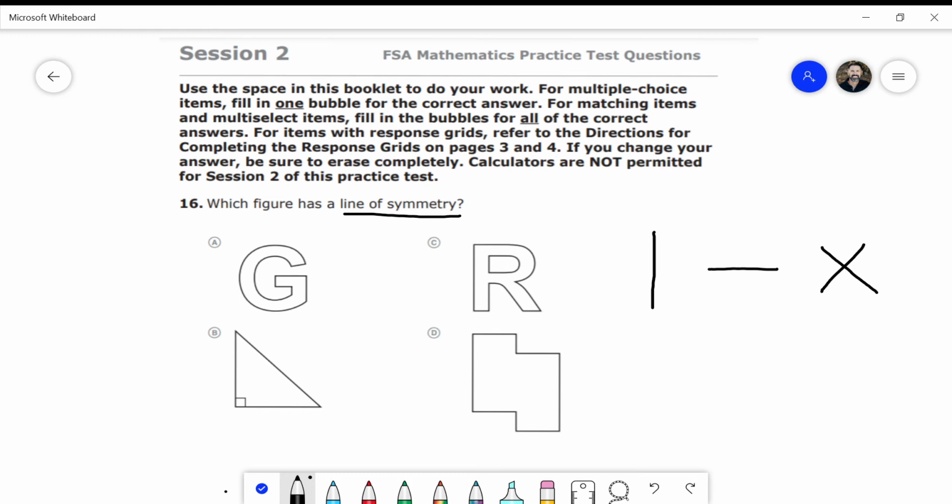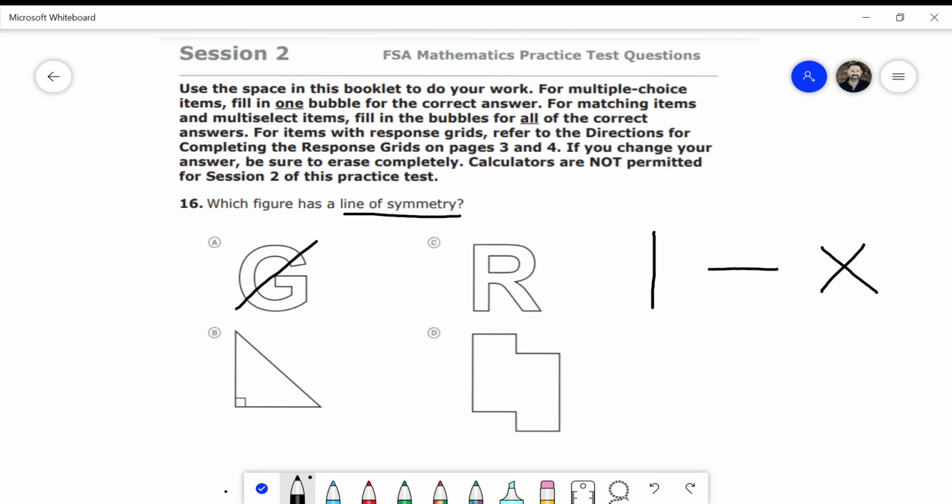And so if I go through the figure for A, the letter G, in a vertical direction, both sides are not exactly the same, right? If I go in a horizontal direction, again, both sides are not the same. And then a diagonal, either going kind of that crisscross or an X, does not have a line of symmetry.